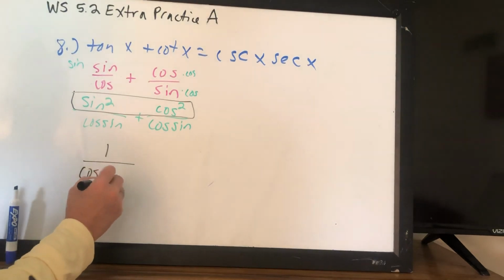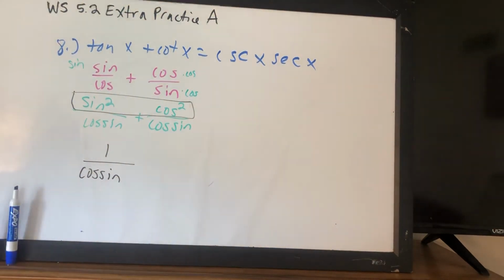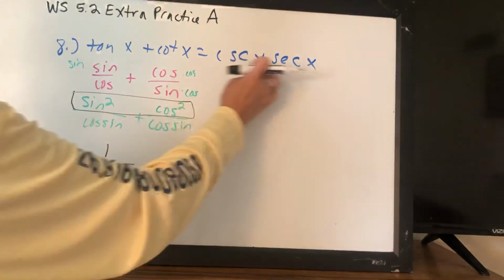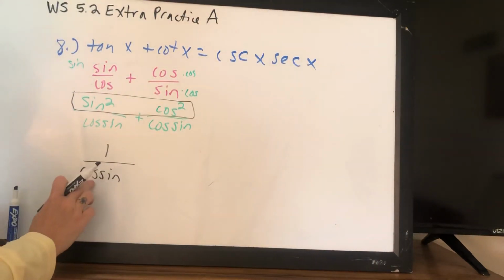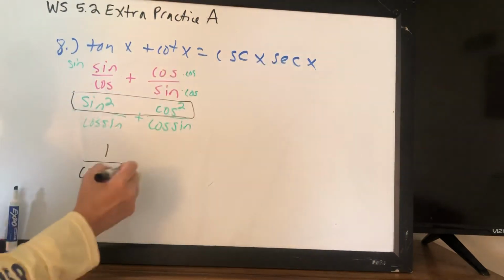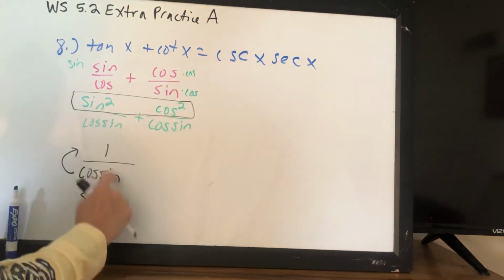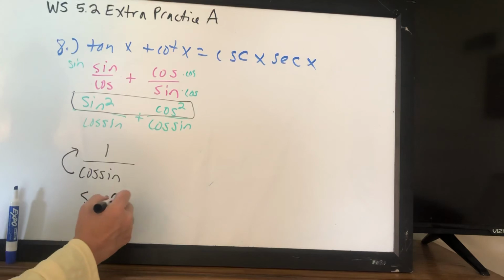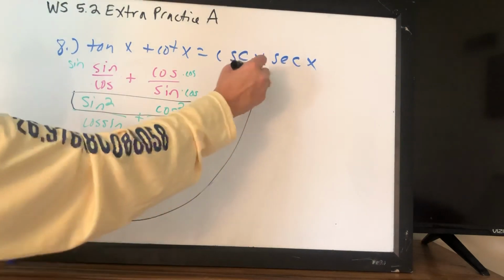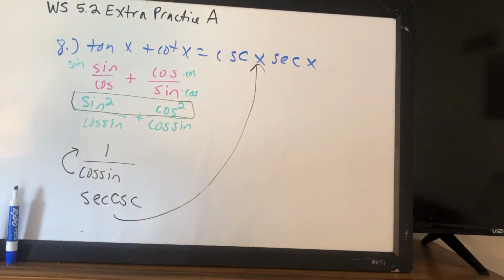And there's your common denominator, right? Now, this is close. Cosine in the bottom is the same as secant in the top. And sine, or 1 over sine, is the same as cosecant. Ding, ding, ding. We are done.